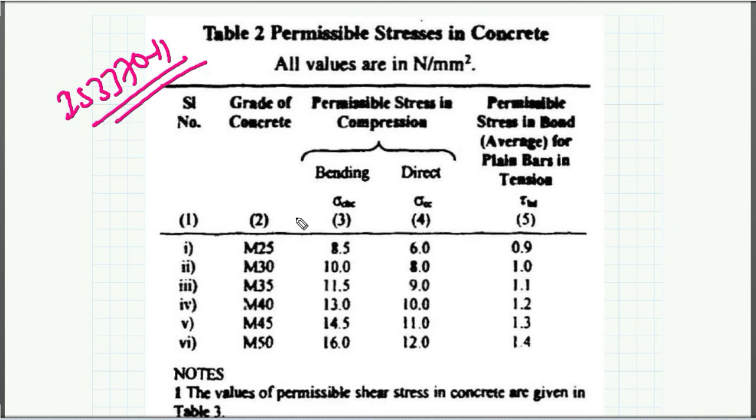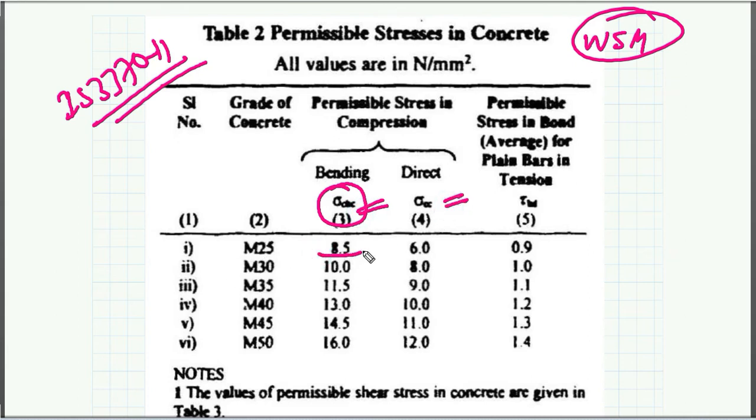Table 2 gives the different bending stresses, and definitely these are as per WSM: sigma CBC and sigma CC for different grades of concrete. For M25, it is 8.5 MPa, and for sigma CC it is 6 MPa. Sigma CBC is the permissible compressive stress of concrete during bending, and this is for direct compression.